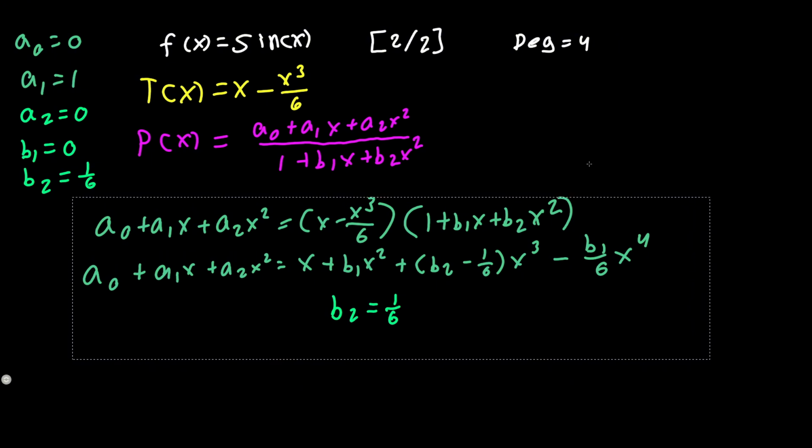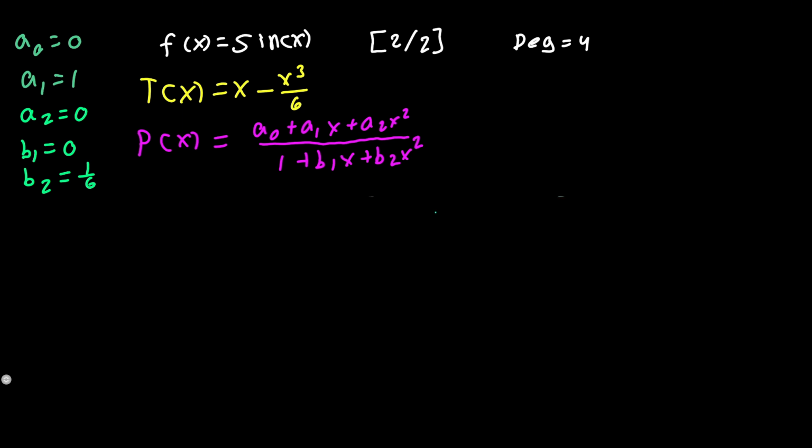So we basically have everything that we need. Now that we have a0, a1, and a2, we can express our Pade by plugging everything in. a0 is equal to 0, which will be removed, and a1 is equal to 1, so that just stays as x, and a2 is 0, so that goes away as well. b1 is equal to 0, and b2 is equal to 1 over 6.